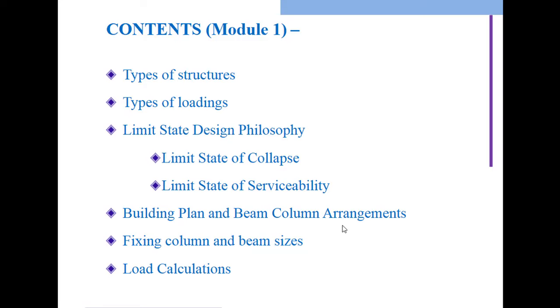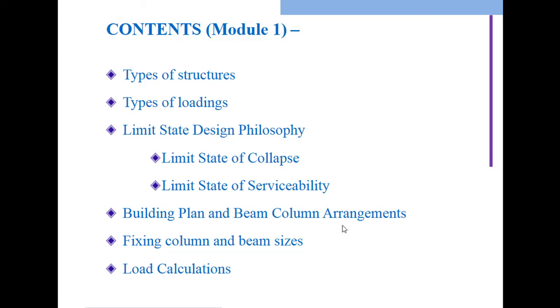Because of the wind intensity and the building rotation with respect to the nodal load. What does nodal load mean? Nodal load means a point load acting on a joint. That kind of arrangement is very important, which we are discussing in the building plan and column beam column arrangement. Then fixing column and beam sizes and load calculations, right?